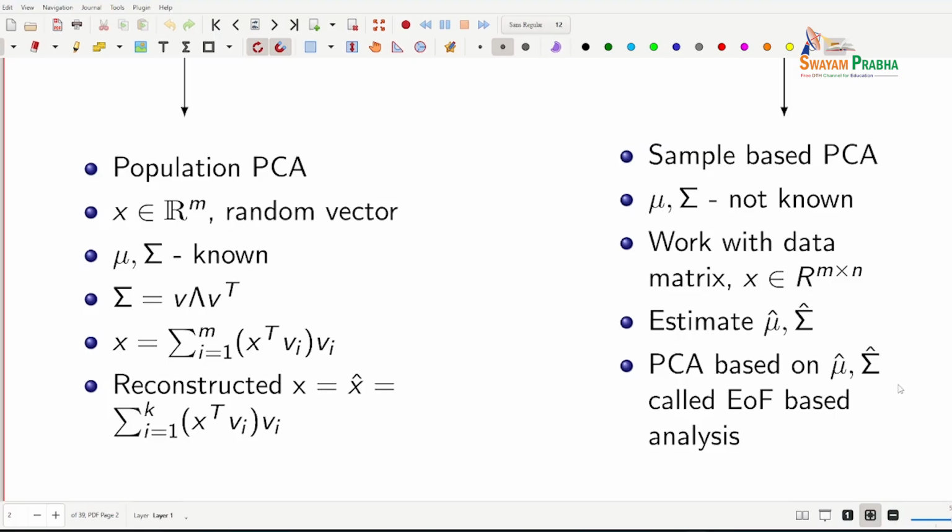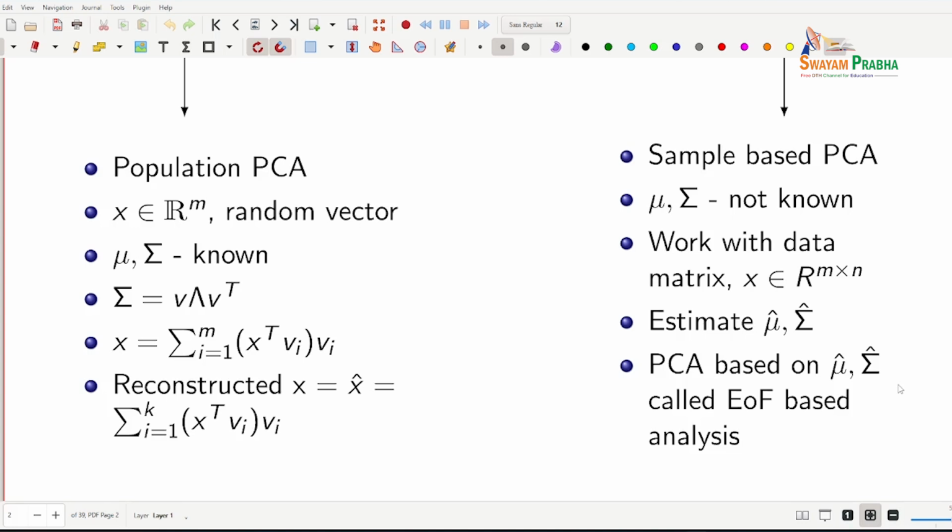Let us talk about this. What is this empirical? Sigma hat is an empirical estimate of the covariance. Orthogonal eigenvectors of sigma in the original analysis. Now I am going to replace sigma with sigma hat. Assuming sigma hat is a positive definite matrix, I can do an eigen decomposition of sigma hat. Once I do the eigen decomposition of sigma hat, I am going to get the eigenvalues and eigenvectors.